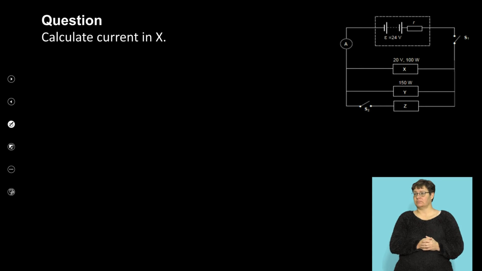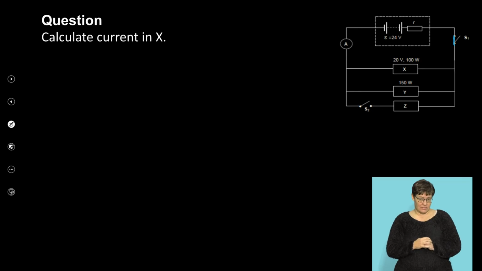Now, let's carry out our calculation that has to do with determining the magnitude of current in component X. So we can close that switch there, okay? Now we want to establish how much current passes through component X when switch S1 is closed.